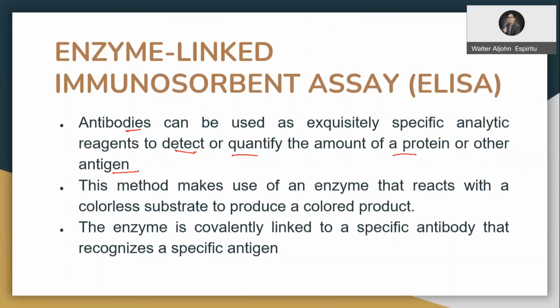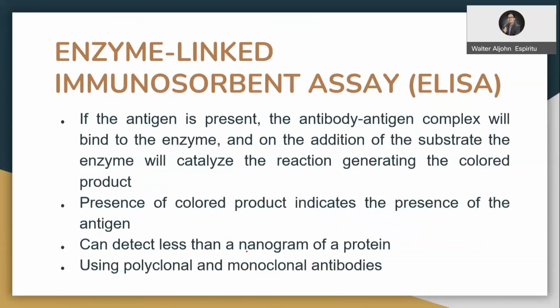This makes use of an enzyme that reacts with a colorless substrate, and the complex will produce a certain colored product. The enzyme here is covalently linked to a specific antibody, and this recognizes a specific antigen. So if the antigen is present, the antigen antibody complex will bind to the enzyme, and on the addition of a substrate, the enzyme will catalyze a reaction generating a colored product.